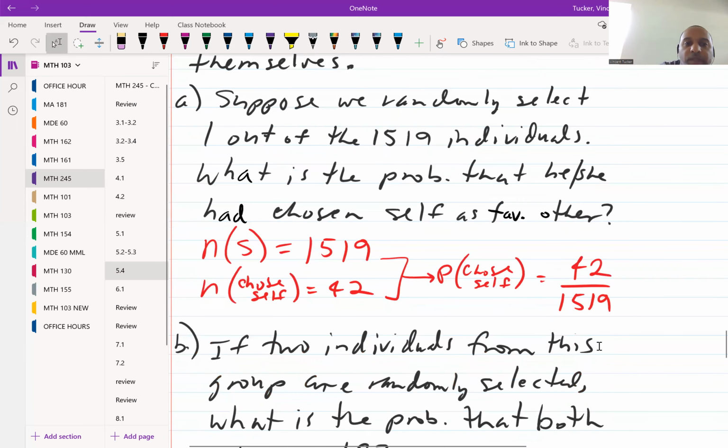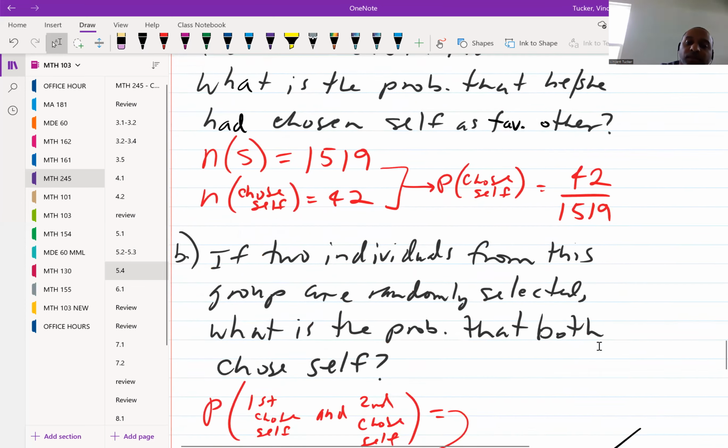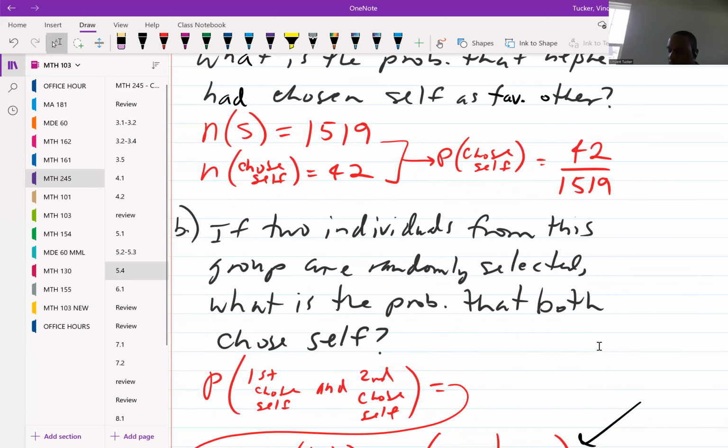All right. So for B, if two individuals from this group are randomly selected, what is the probability that both chose self? So we want to know the probability that the first one chose self and the probability that the second person chose self.